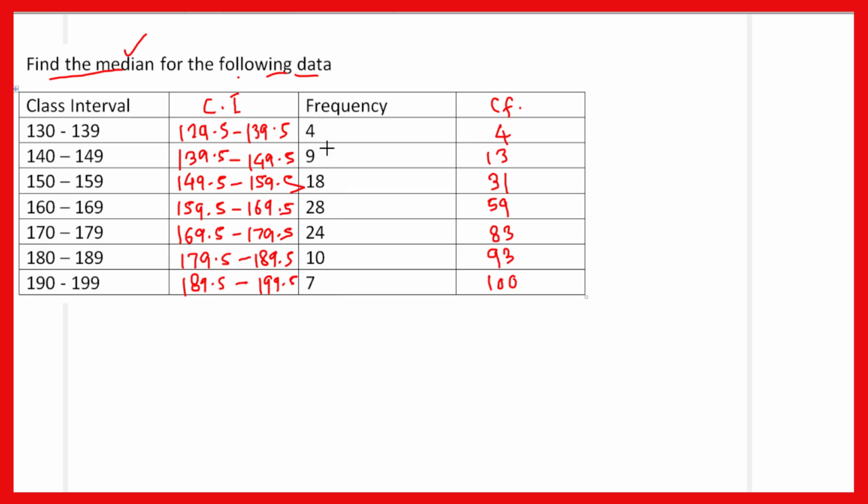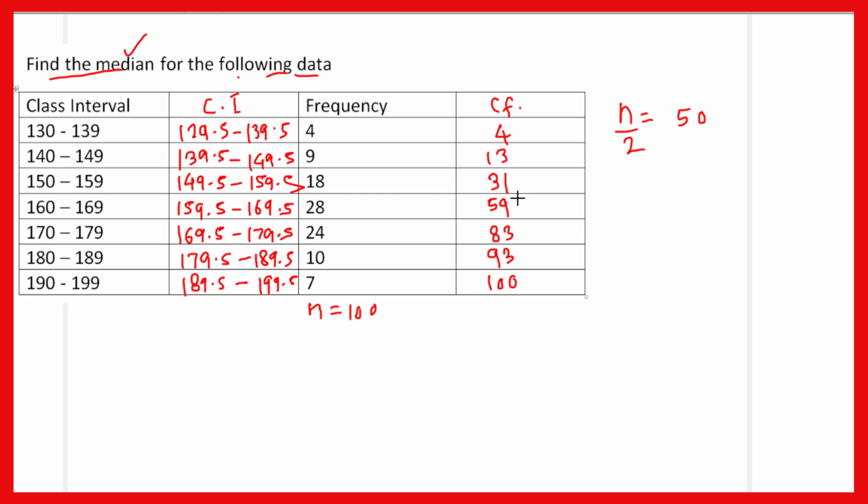We take the total of the frequency, that n is equal to 100. So first what we do, we find n by 2. N is 100, so n by 2 will be 50. And then we look for the cumulative frequency just greater than 50.